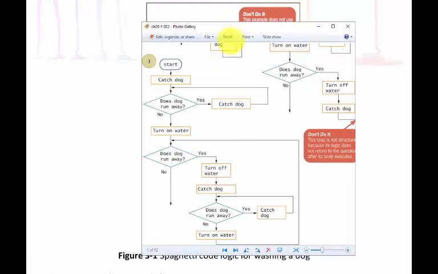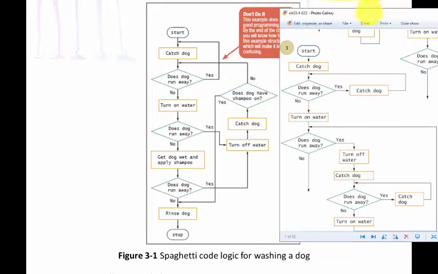All right, so the next thing that's happening after we have does the dog run away is we're going to start shampooing the dog. So does the dog have shampoo on it? Yes or no? That is what we need to determine. So we're going to get the dog wet and apply the shampoo only once we have caught the dog, we've turned the water on and the dog is still with us.